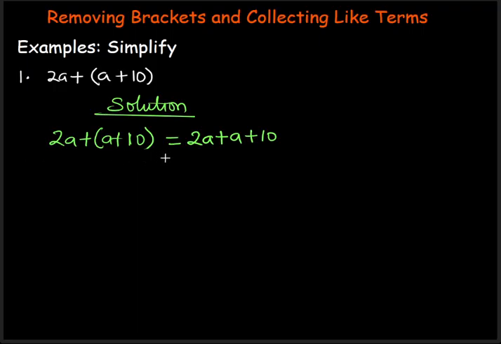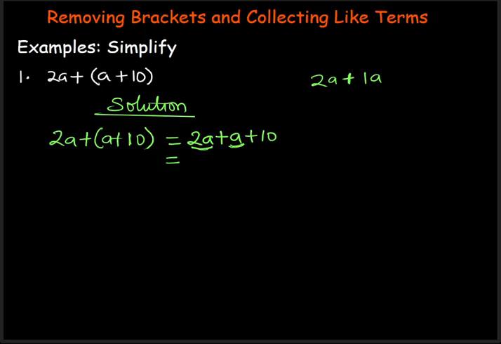So this will be equal to, now let's look for the like terms. You see 2a and a are here. 2a and a are like terms because they have the same variable. So what do we have? 2a plus, that a is the same thing as saying 1a.